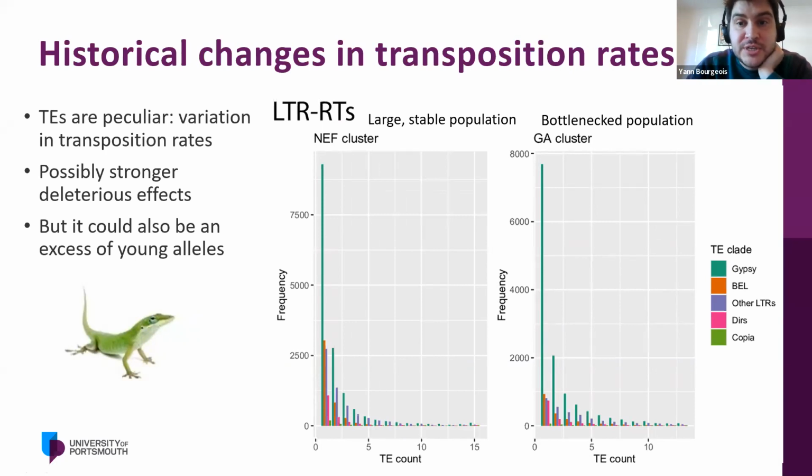And you can see actually that you have a lot of elements that are found at low frequencies in population, in both the large stable population and the bottleneck population. And you don't see much of difference in the spectra. So this is something that you expect in the case of purifying selection, for example, acting on transposable elements.